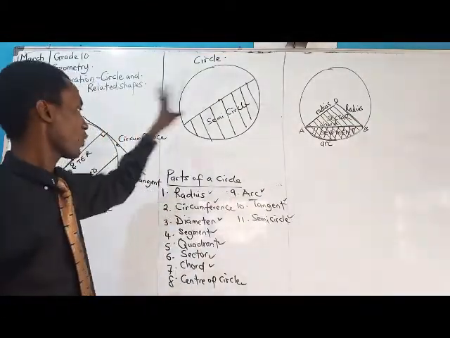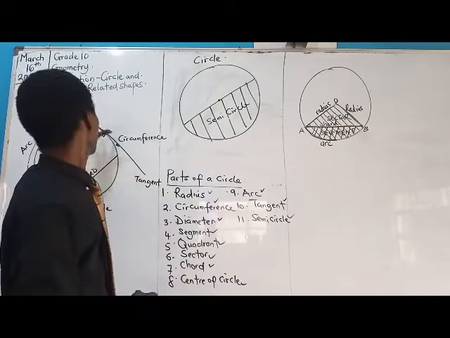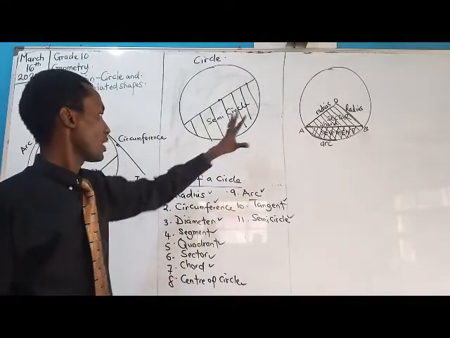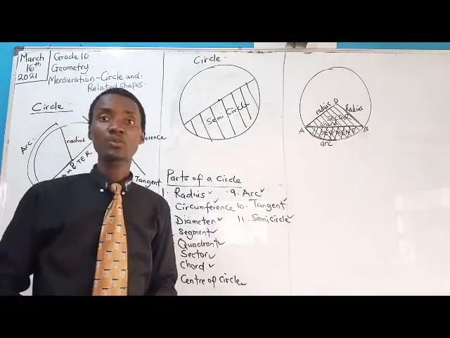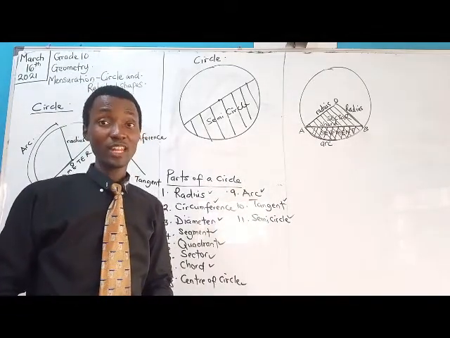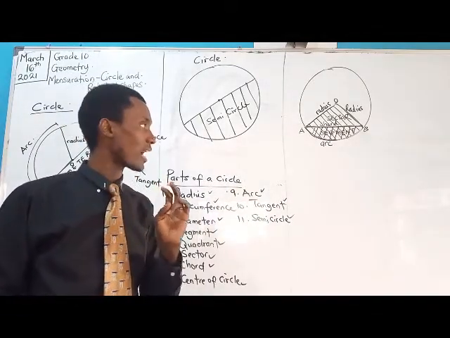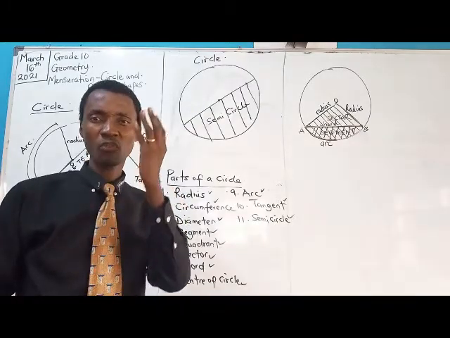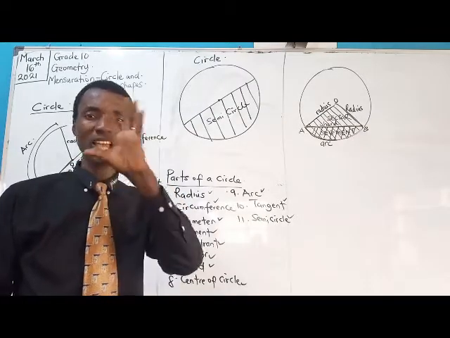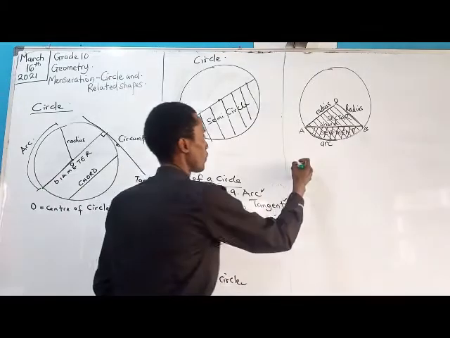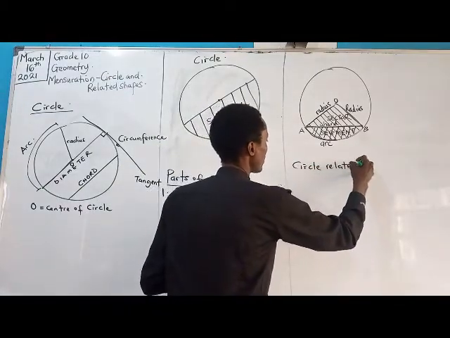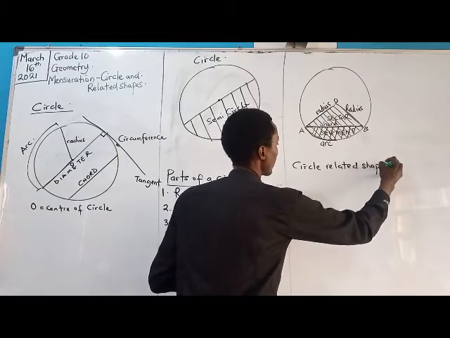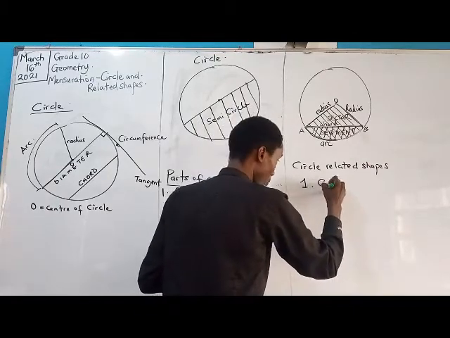So that gives us an overview of circles, the parts of a circle, and the shapes we can have. And if you are very observant, you would have noticed that there are three major shapes that are circle related shapes.